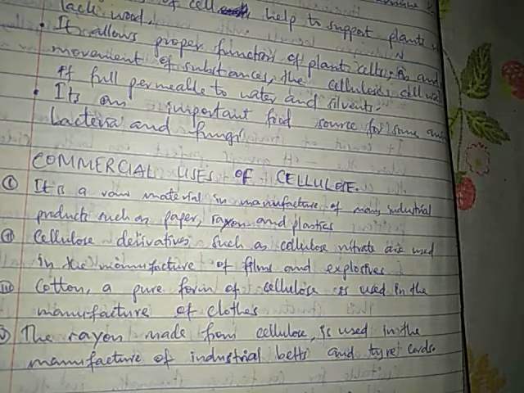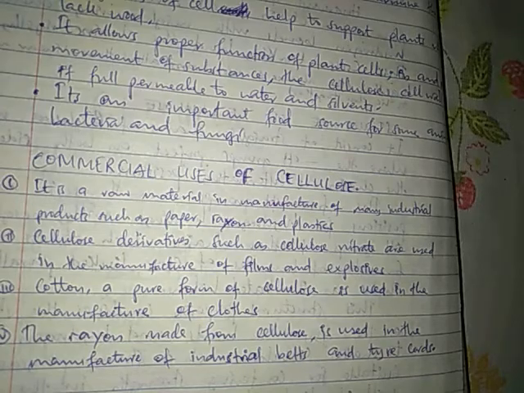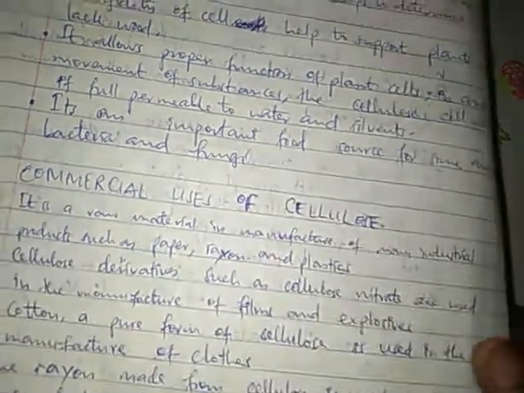The third, cotton, which is the pure form of cellulose, the cotton that you see is 100% pure cellulose, is used in the manufacture of clothes. And the rayon made from cellulose is used in the manufacture of industrial belts and tire cords. So these are the industrial uses of cellulose.